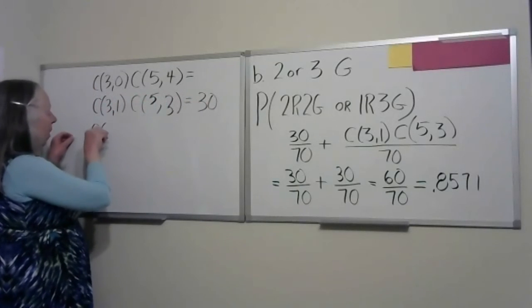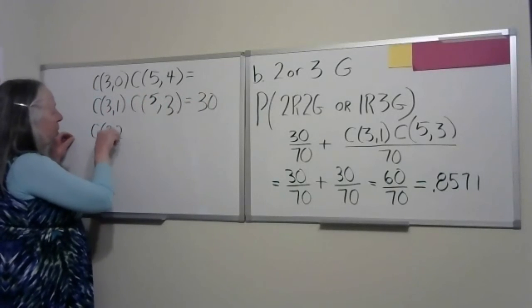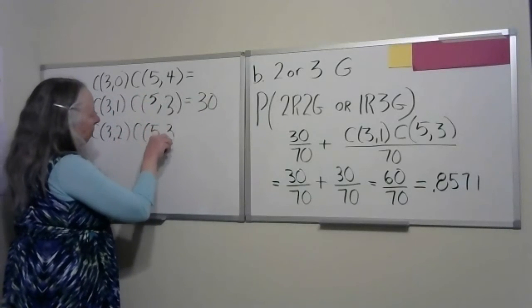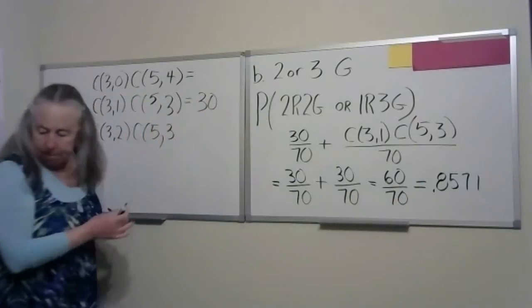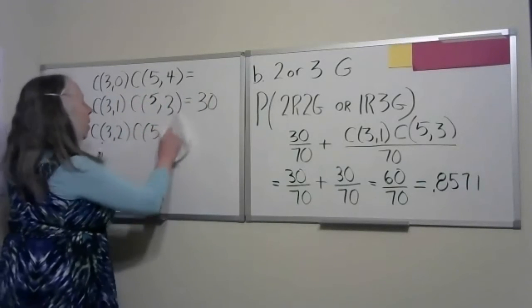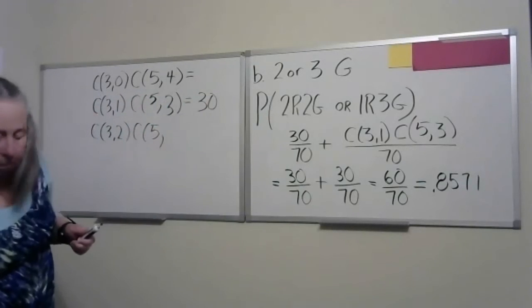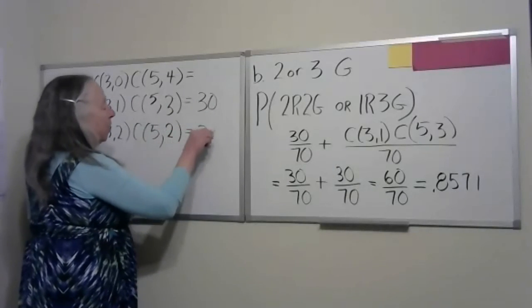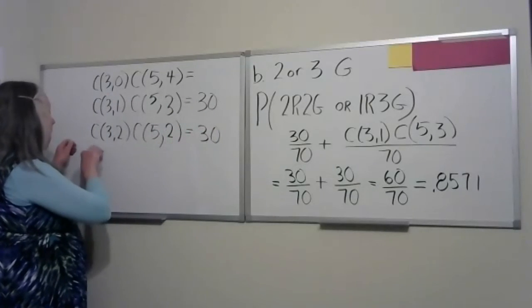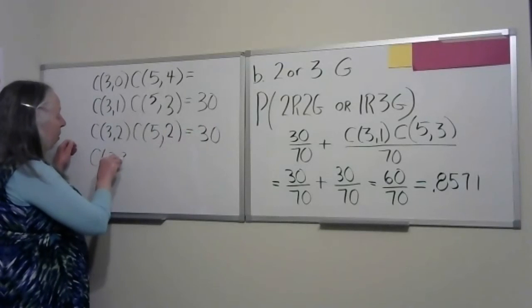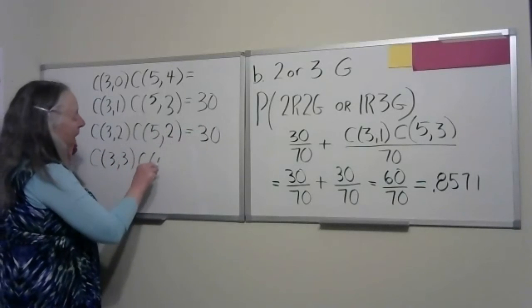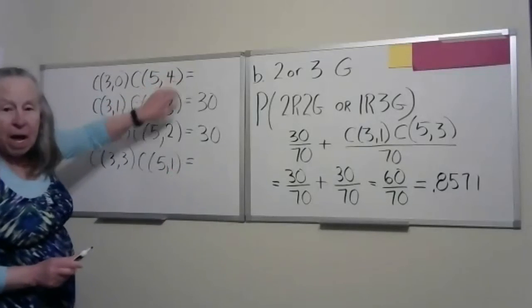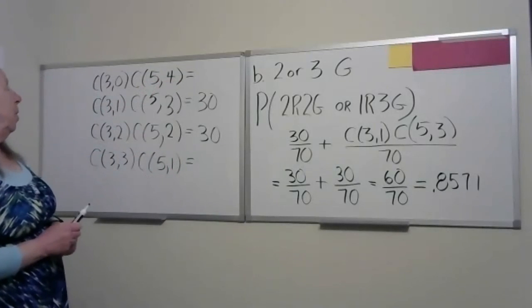We have 2 reds and 2 greens, and that's 30. And then we have 3 reds and 1 green. Okay, let's go ahead and calculate those other 2.